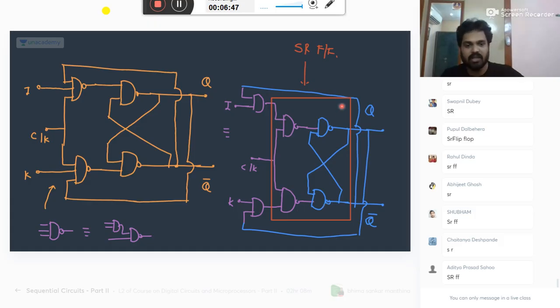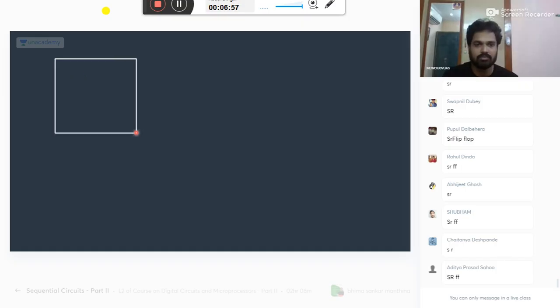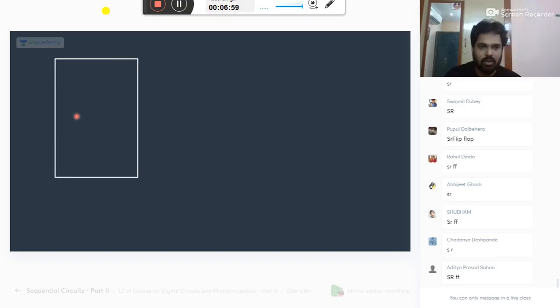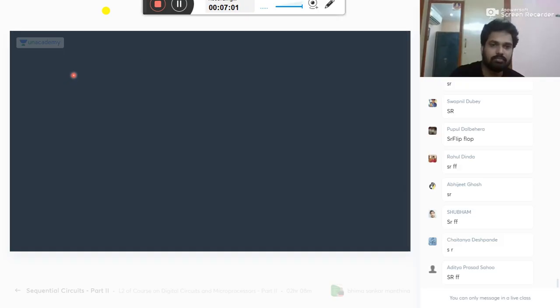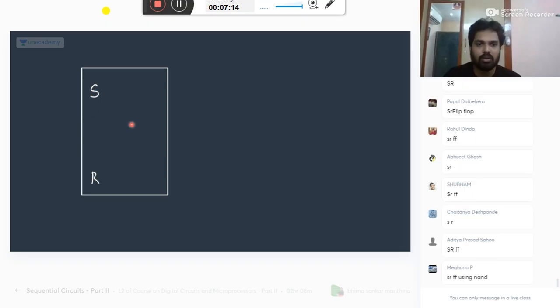So let me explain easily with the help of the next figure. I'll come back to that slide again, don't worry. This is S, R, Q, Q bar.